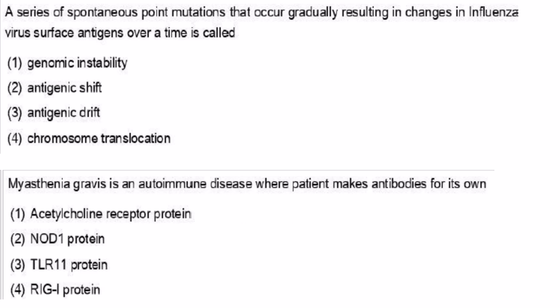Then a series of spontaneous point mutations occurring gradually, resulting in change in influenza virus surface antigen over time, is called antigenic drift.